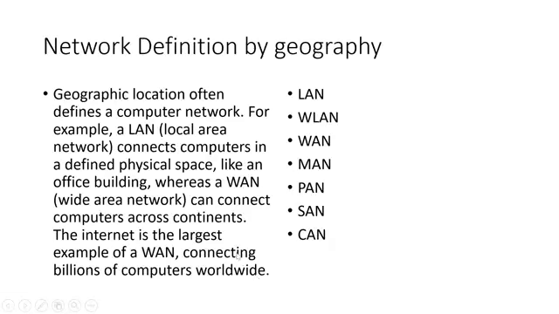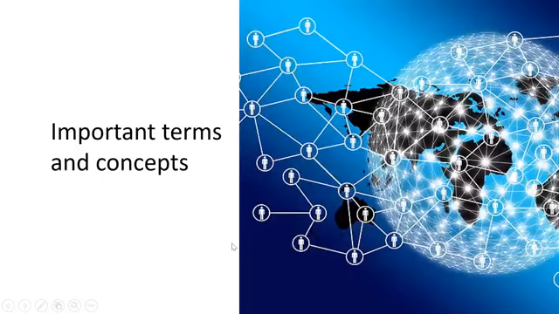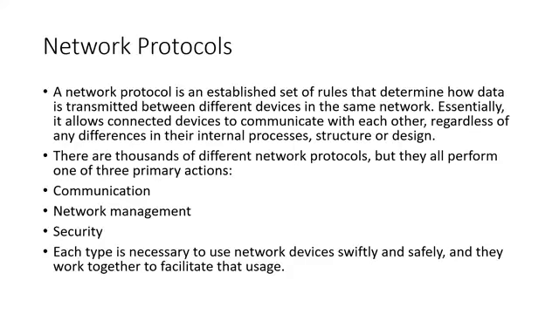So let's look at some terms and concepts when it comes to networks. I did mention the hardware devices, the routers, the switches, the computers, the servers, and all of that. But for all of them to really work, there have to be network protocols in the middle. Network protocols are a set of rules that have been agreed on to determine how data is transmitted between different devices in the same network.